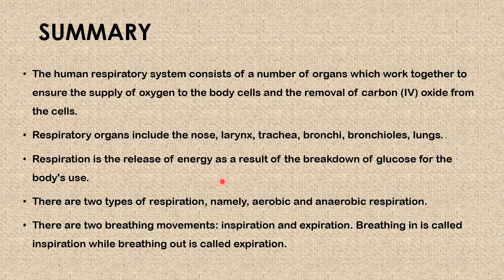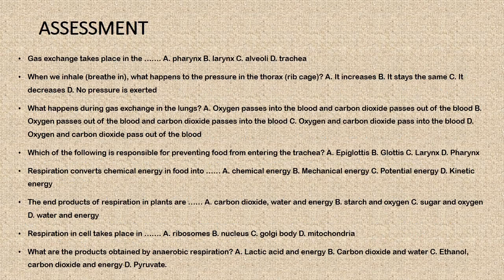Respiration is the release of energy as a result of the breakdown of glucose for the body's use. There are two types of respiration, namely aerobic and anaerobic respiration. There are two breathing movements, inspiration and expiration. Breathing in is called inspiration, while breathing out is called expiration.